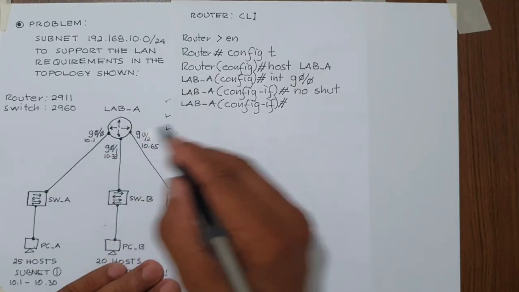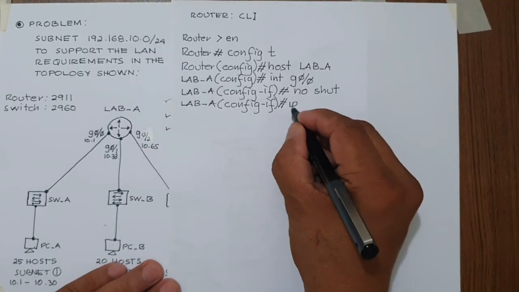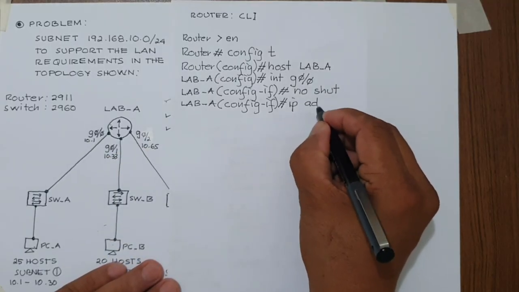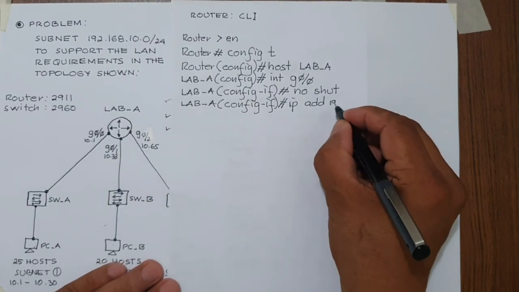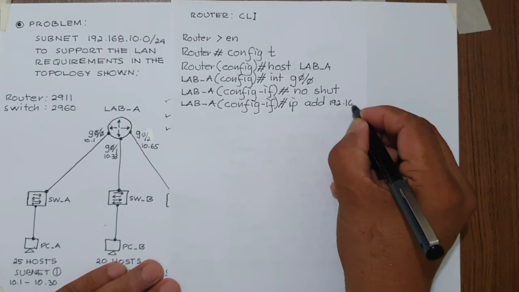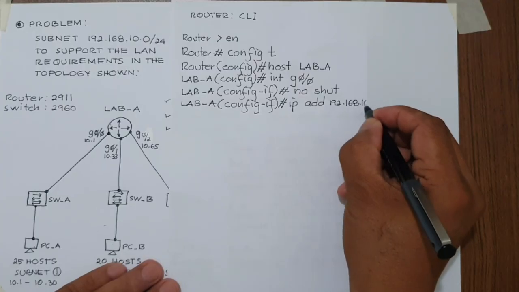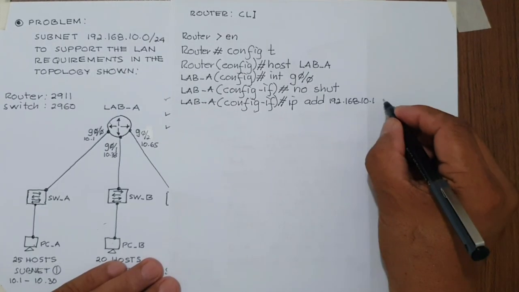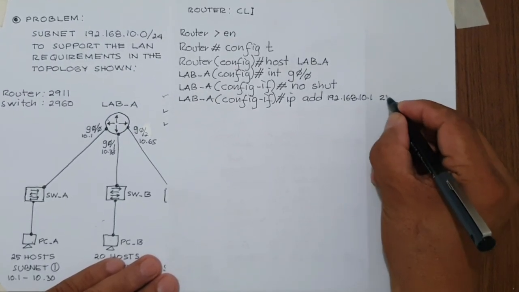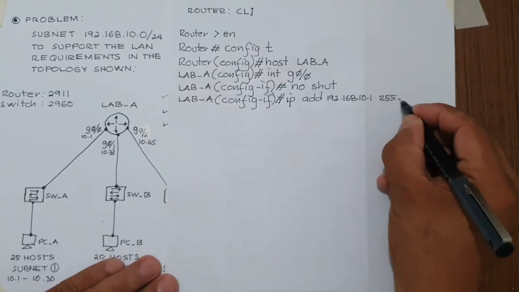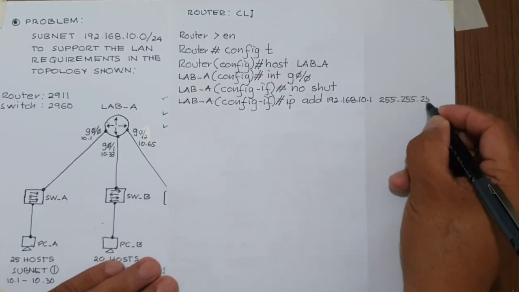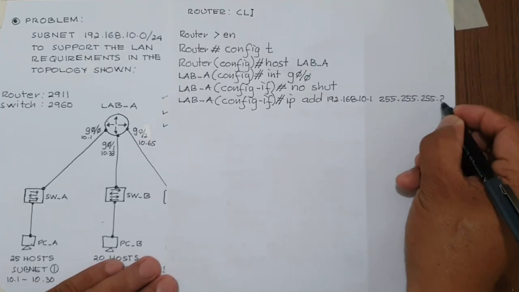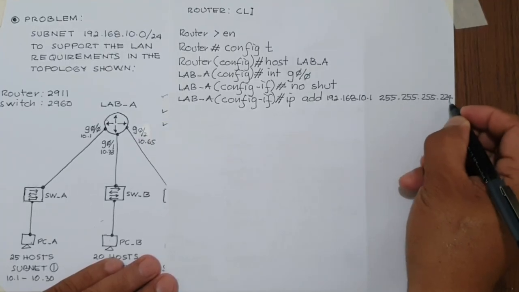So the IP address is, ip add, shortcut for ip address, which is 192.168.10.1. Then a space, then the subnet mask, 255.255.255.224.